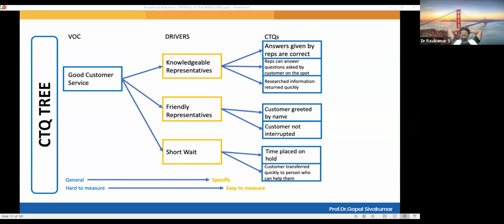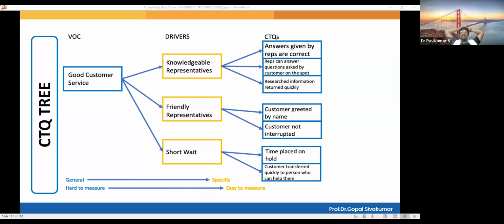If there are difficult questions, they will research the information and return quickly. That is what the customer thinks good customer service is.